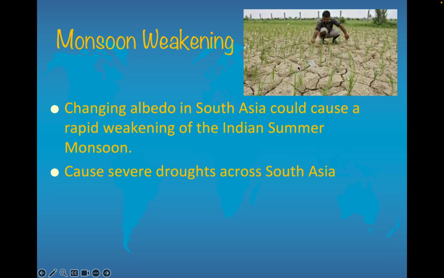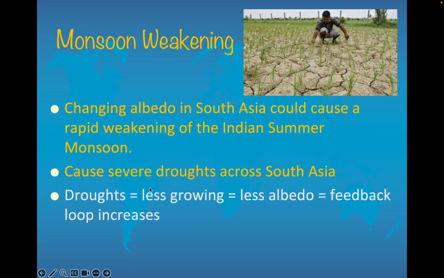And then that's enough rain for their plants and their gardens and their farms for the whole growing season. So without enough of a monsoon season, then there's severe droughts, which means that if there's less things growing, then again, there will be less albedo because there's going to be more dirt and that's darker, which means then if there's less albedo, there's less reflecting.